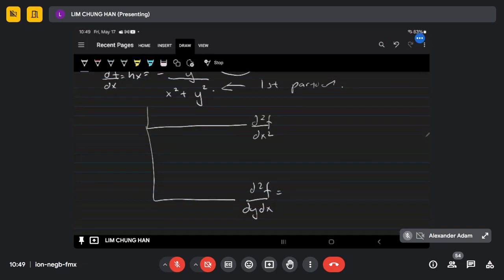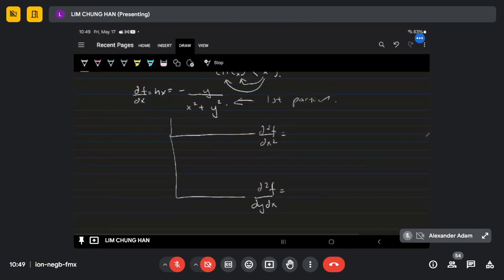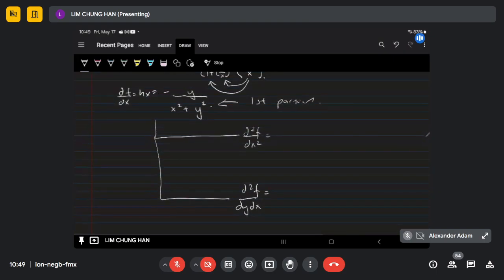For these two, I want you to work it out on your own. Basically, for this one, you differentiate this against x one more time. For this one, you differentiate this term against y. So do it on your own.